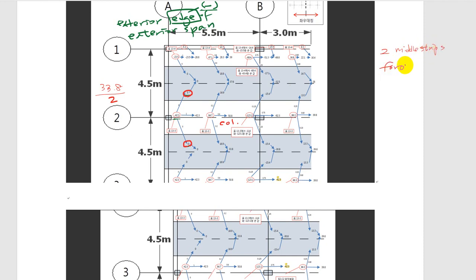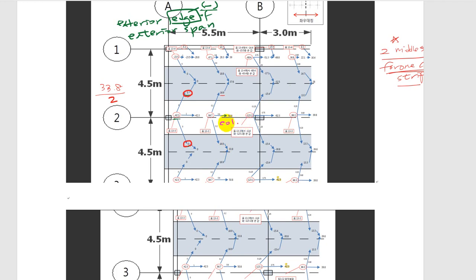for one column strip. Okay. So we have to divide 33.8 by 2. So we will have 16.9 taken by this middle strip and another 16.9 taken by the other side of the middle strip.